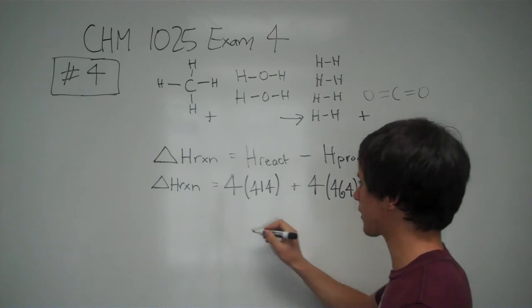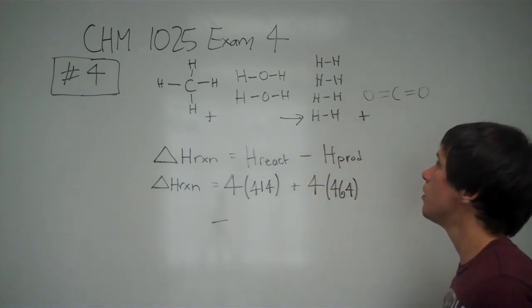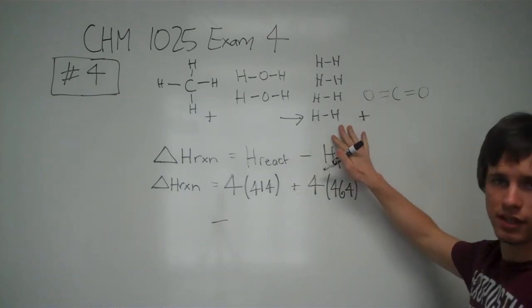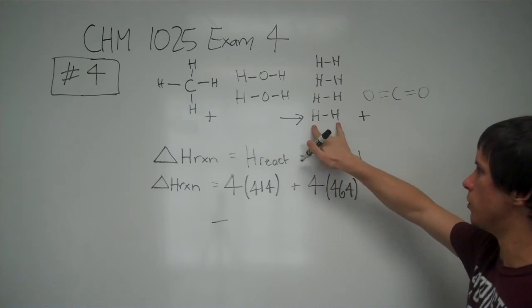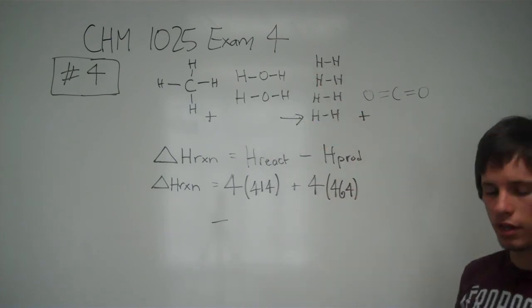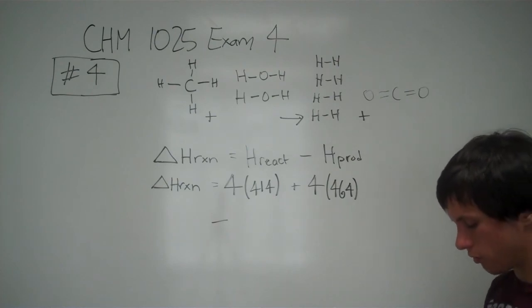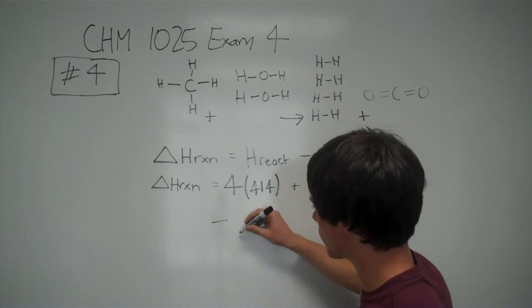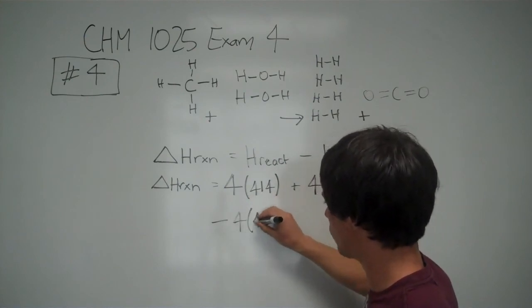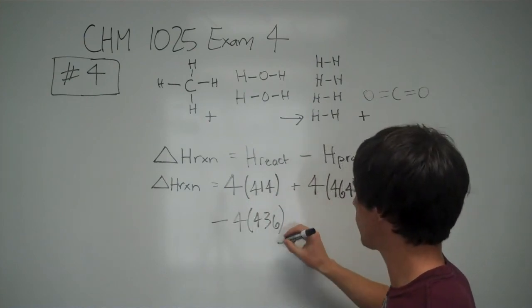Now we're going to subtract the product bonds. So our next chemical species was hydrogen, and as you can see there are 4 H to H bonds, 1, 2, 3, 4 in the product. So we're going to look up the value for that. It's 436. So we subtract 4 times 436. Okay?